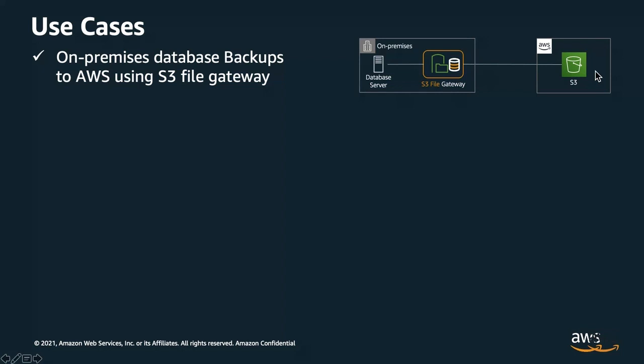And in the background, S3 file gateway will push the data to S3 and or Glacier or Deep Archive and reduce your storage costs. Right? On premises, it will maintain a local cache that you can allocate and specify how much, so that it has a hot data cache locally, so that hot data can be accessed with minimum latency. So that's one use case, one example of where an S3 file gateway can be used.